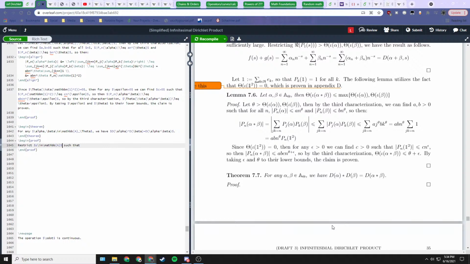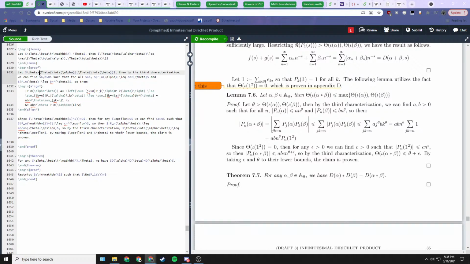Restrict S and A such that we have the real part of P1 of S as being strictly greater than the real part of P1, or sorry, strictly greater than the max, or rather, you just have both of these, which is right up here.